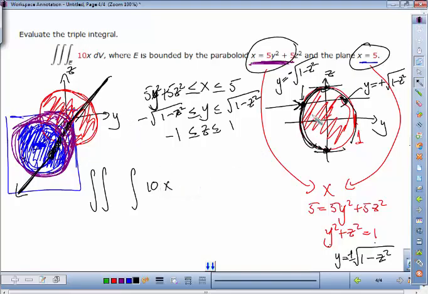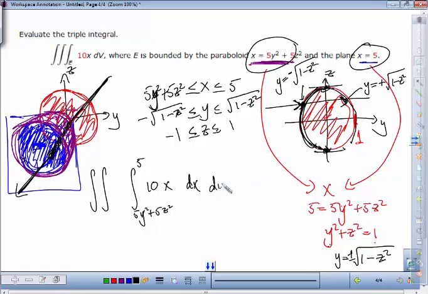10x, and I integrate with respect to x first. dx integral from the lower limit 5y squared plus 5z squared, and my upper limit is just 5. That's my dx.